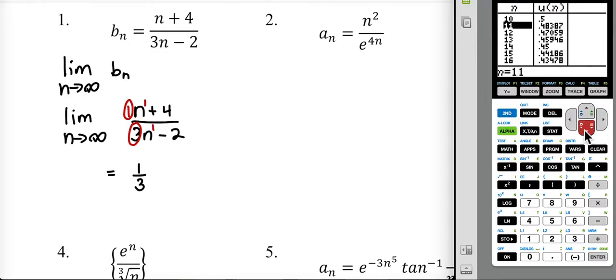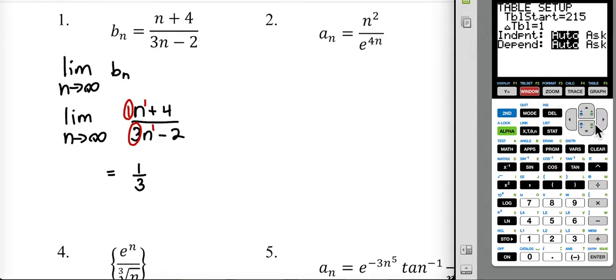As you increase, you can see that it does seem to be closing in on something in the mid to low 0.3s. It's just a question of whether that's going to be 0.3 repeated. You go far enough, you'll see that will be the case, but it doesn't take too long before you convince yourself.